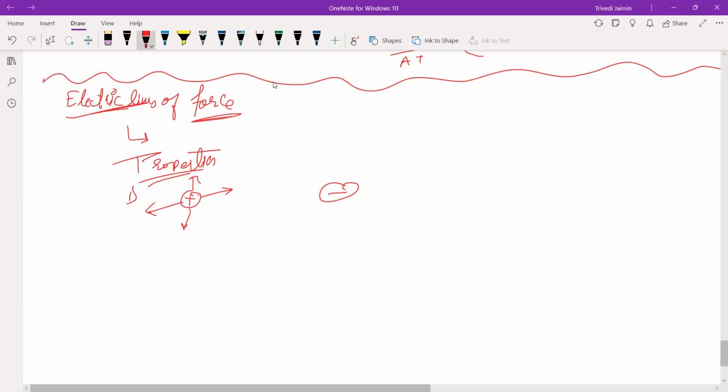Negative, it moves inward. It converges at negative, diverges from positive, diverges outside.